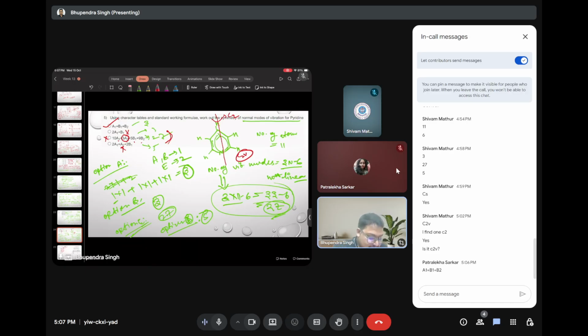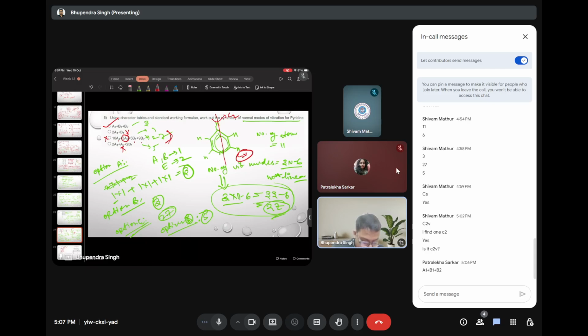But the question is asking, using the character table and standard working, to work out the symmetry of normal modes of vibration of pyridine. So basically the question is asking for the full derivation.